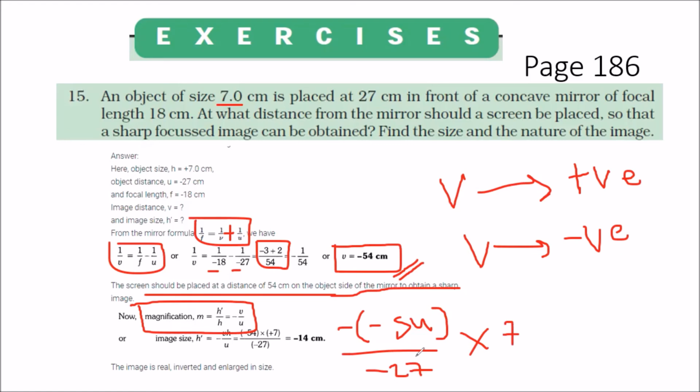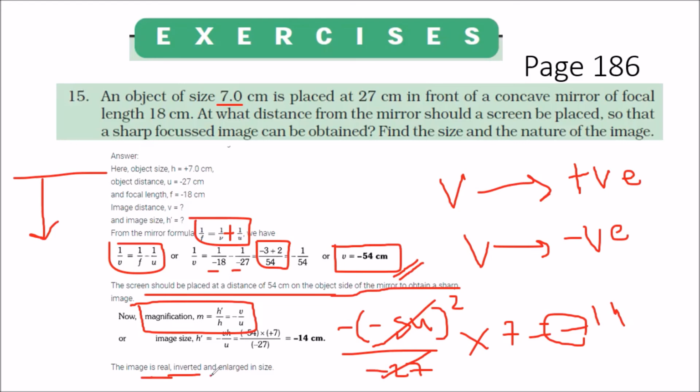So we just know this is basically minus 2 into 7, which gives us minus 14. So again you can see here the height of the image is coming out to be minus. It means the image is obtained below the principal axis.